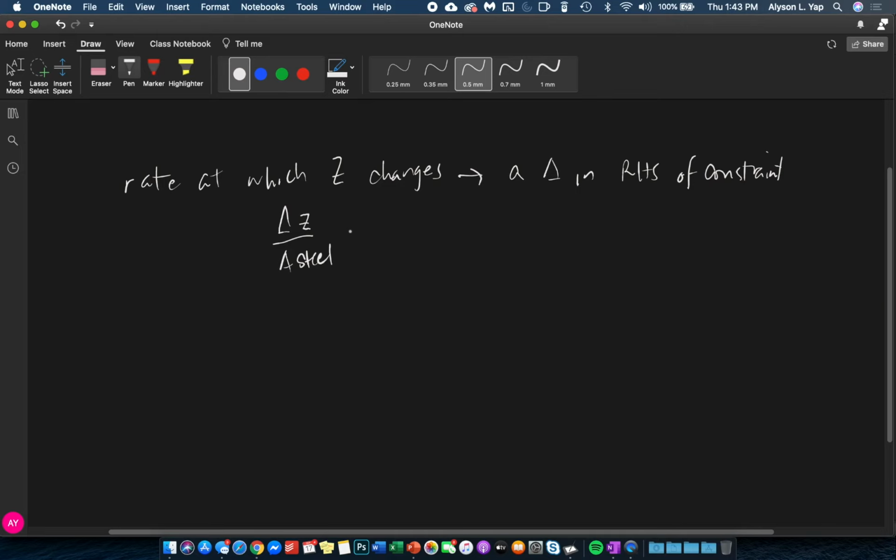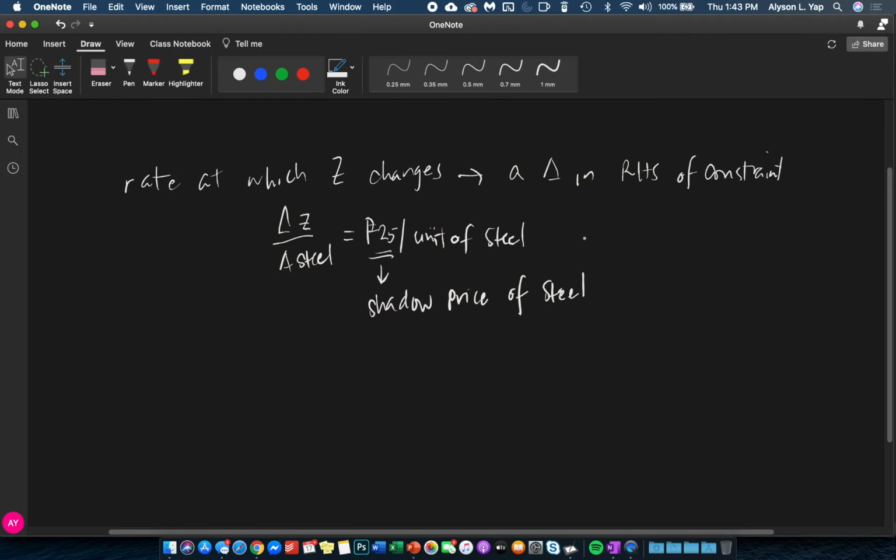Remember, in our discussion before, we were able to compute the change in z over change in steel to be 25 pesos per unit of steel. And in this case, 25 is the shadow price of steel in the red blue gadget problem.